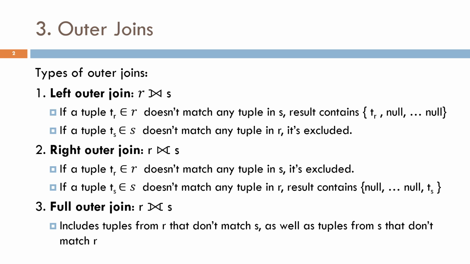This ensures that no information is lost from either relation, giving us a complete picture of the data from our databases. Let's see an example of outer join operation, and you will understand a lot better.